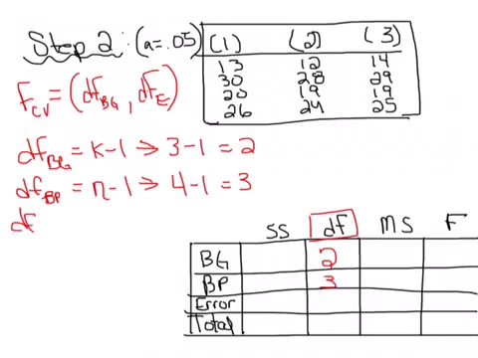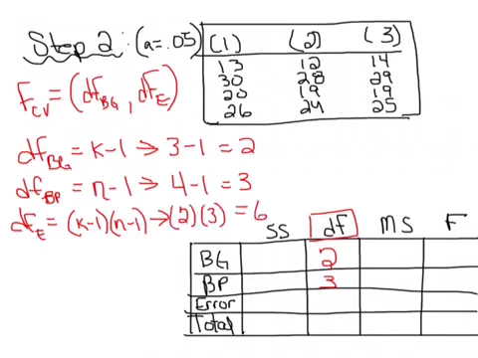Then our degrees of freedom error for repeated measures is k minus 1 times lowercase n minus 1. In our case, I always just multiply the 2 times 3, the first column times the second column. So that's 6.